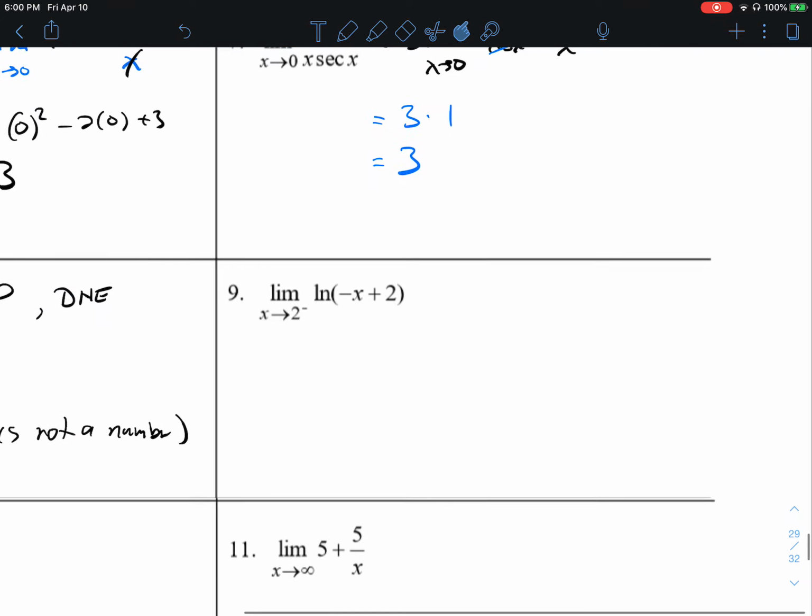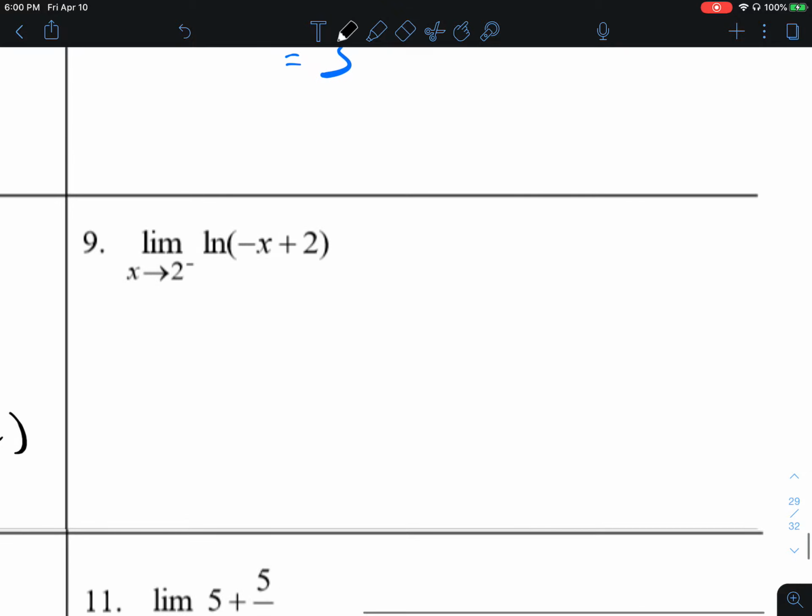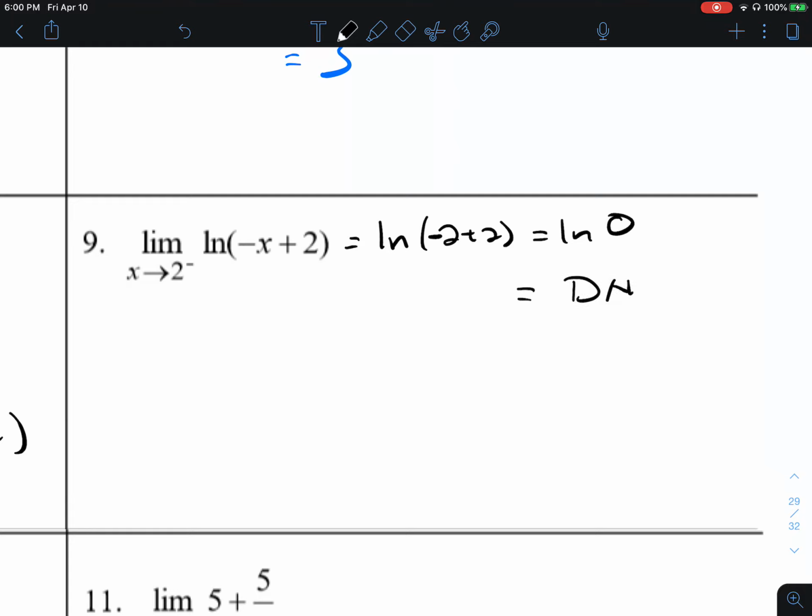Number 9, we can use direct substitution for this. If we do, we're going to get natural log of 2 plus 2. I'm sorry, it's a negative 2 plus 2, which is natural log of 0. And then at this point, we would say this does not exist.